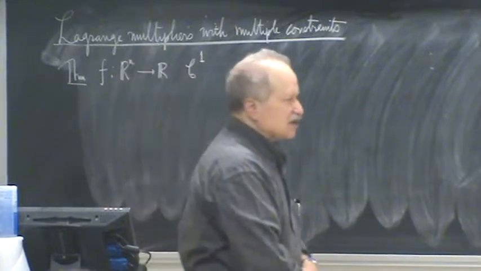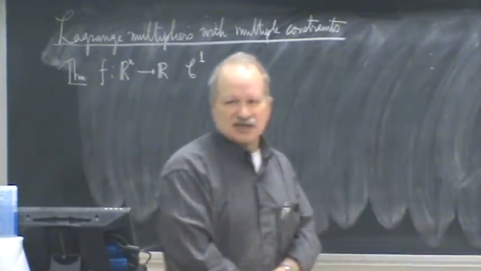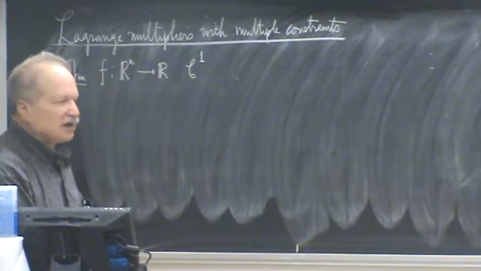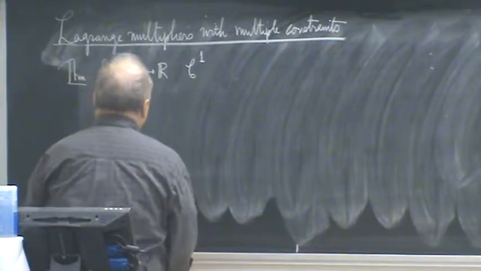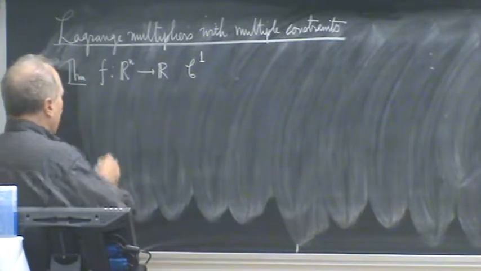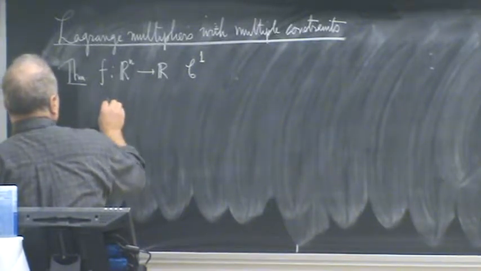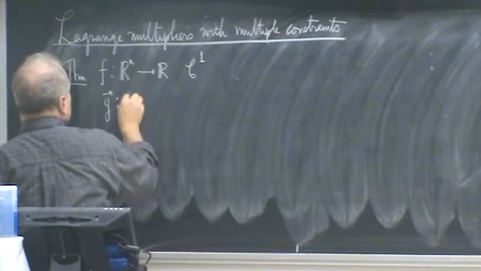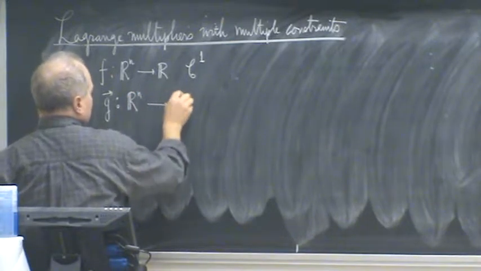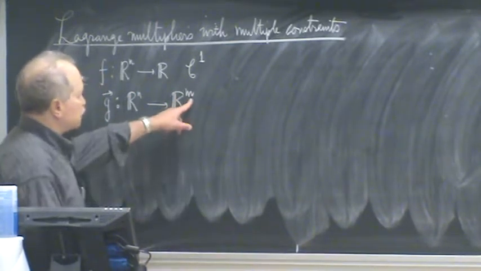Economists do this all the time, physicists even more often, and mathematicians as well. So you have a constraint set given by a function g that's giving you m constraints.